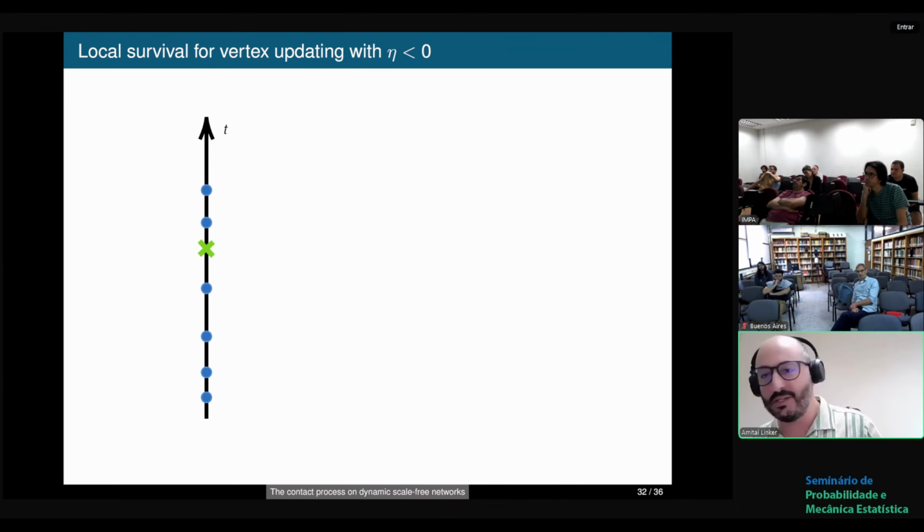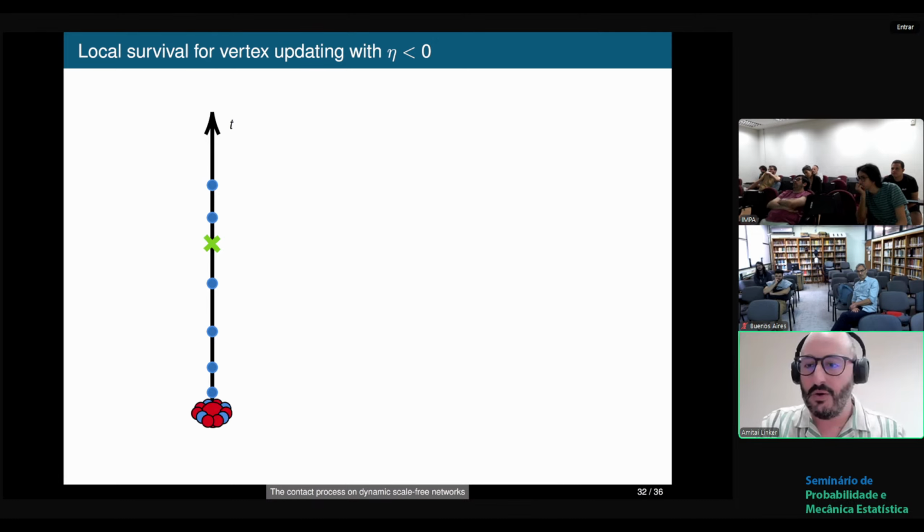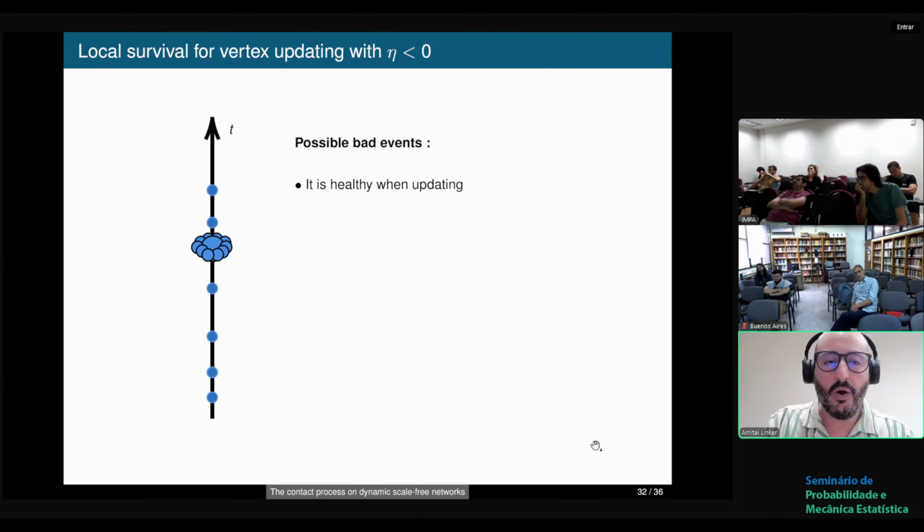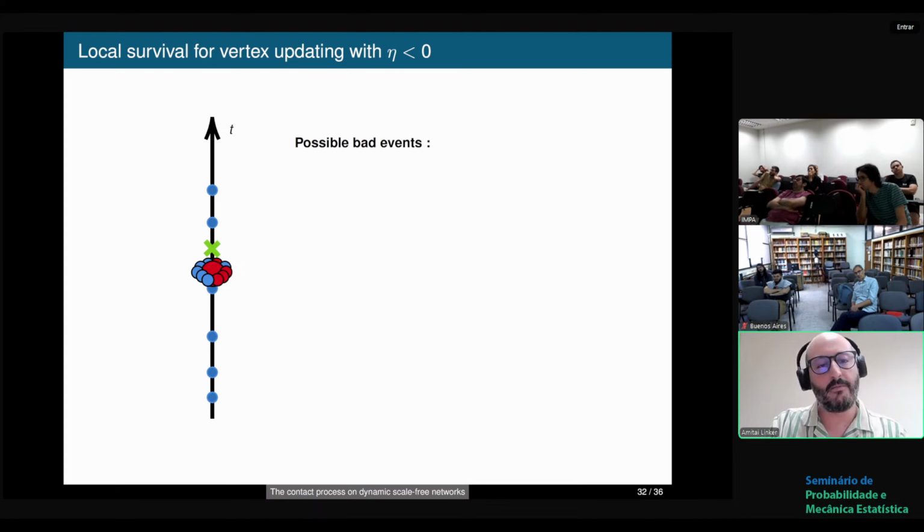I'm going to just finish very quickly in 2 minutes. Really sorry. Okay, so now if you let the star evolve in time, it's just as in the static case, until you face an updating event, in which case you need to either reach it infected, and then infect everyone else very quickly again later on.